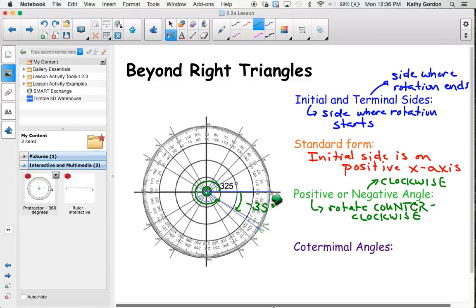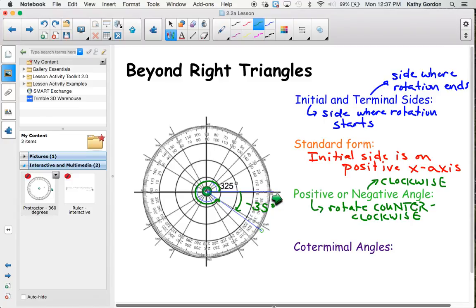Now, that also brings us to this last idea in our vocabulary list, which is the idea of coterminal angles. Just from the word, what does coterminal suggest? Yeah, exactly. So the terminal side of your angle ends up in the same place. You have more than one angle where the terminal side ends up in the same place.